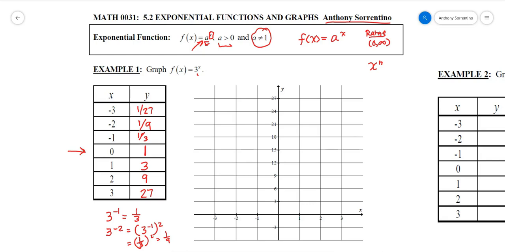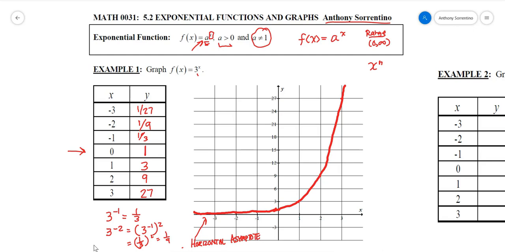So if I plot these points like this, notice this has a horizontal asymptote on the left only. Because, as we mentioned before, since this is a positive base, I raise it to an exponent, it's going to be positive.